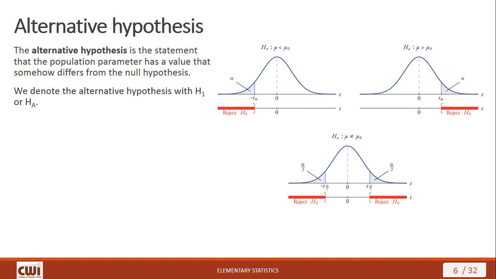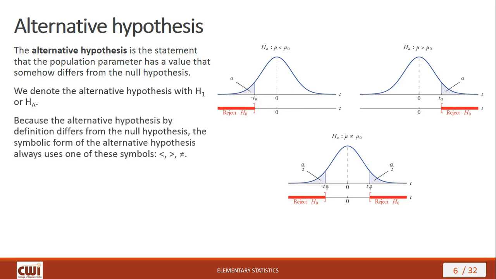We either use a capital letter H with a subscript 1, or we use a capital letter H with a subscript A. Either one of these denotations is used, and one can be just as common as the other. I've actually seen them both with equal frequency, so they're pretty much interchangeable. So when you see one of these, just think that this is a symbol for the alternative hypothesis.